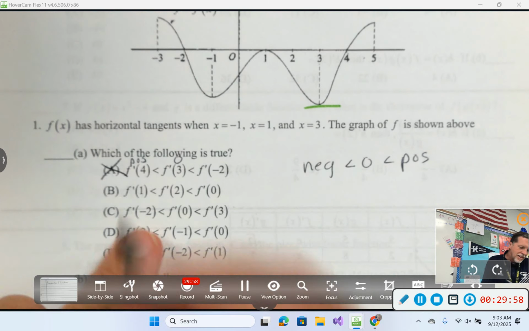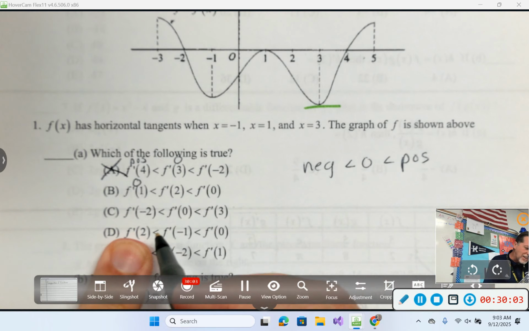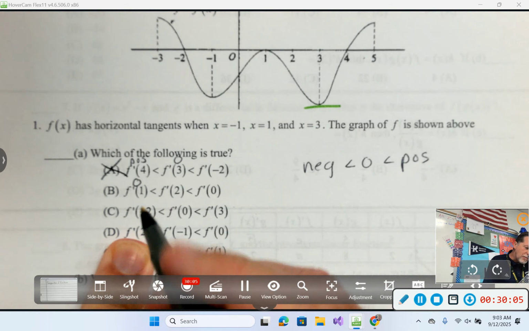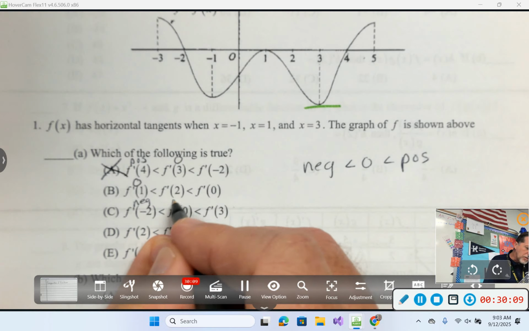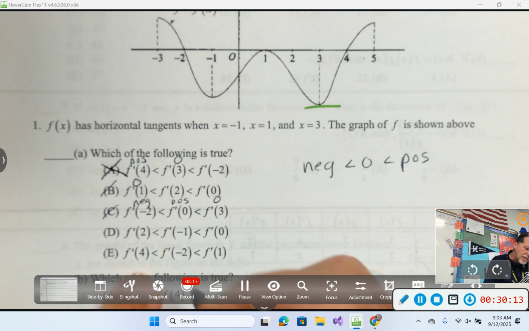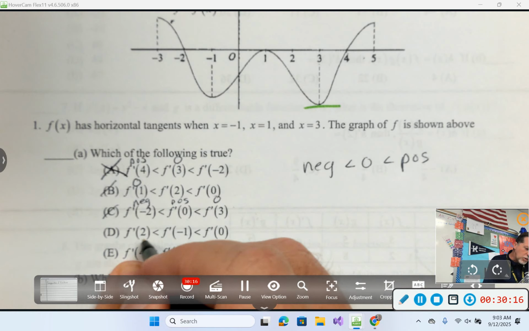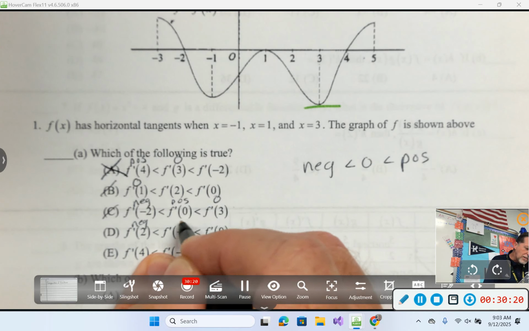f prime at 1 is 0, so that's probably not it. f prime at negative 2 is negative. f prime of 0 is positive. That one's out. f prime at 2 is negative. f prime at negative 1 is 0.